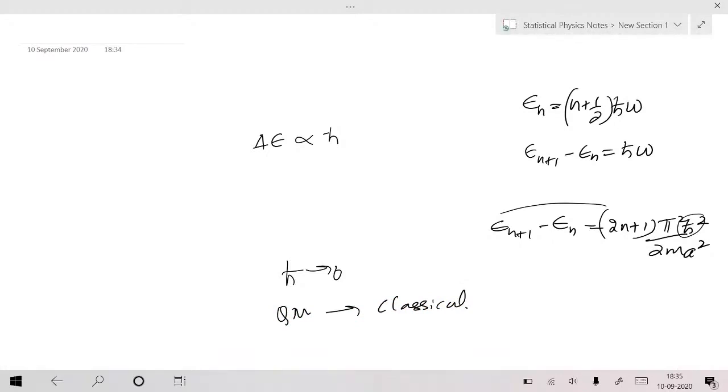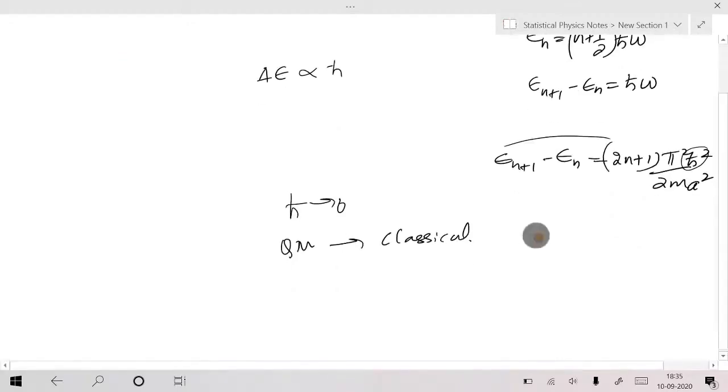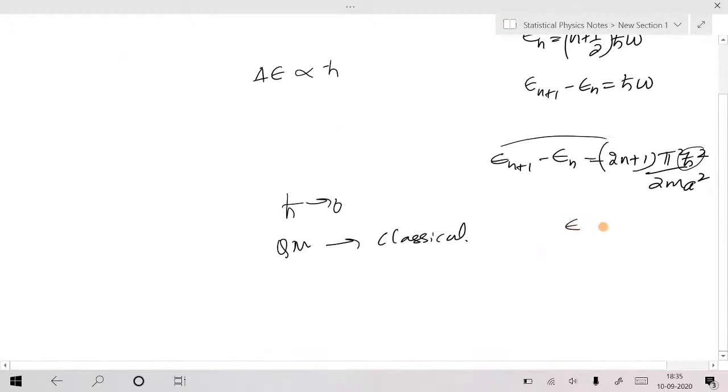Sir, will energy be 0 or not? Ground state energy will usually not be 0. Suppose you take the ground state energy of a 1D box, pi square h bar square by 2m a square, am I right? Suppose you take the ground state energy of a harmonic oscillator, what is that? E0. Wait a second, this was E1, this was E0, that's equal to h bar omega by 2, am I right?